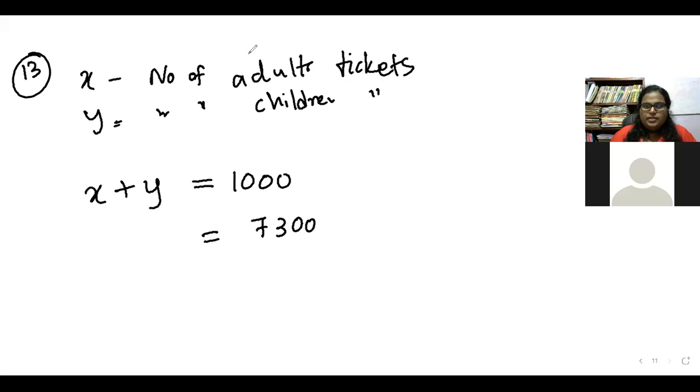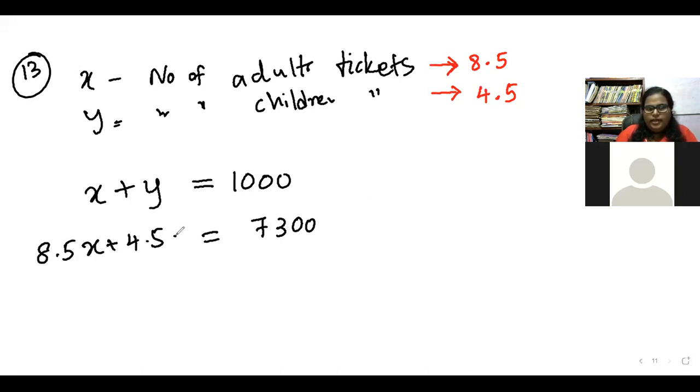So what is the cost of each ticket? Adult ticket is $8.5, and children's ticket costs 4.5, right? So we can construct some expression for this 7,300 as 8.5x plus 4.5y should be equal to 7,300 here.